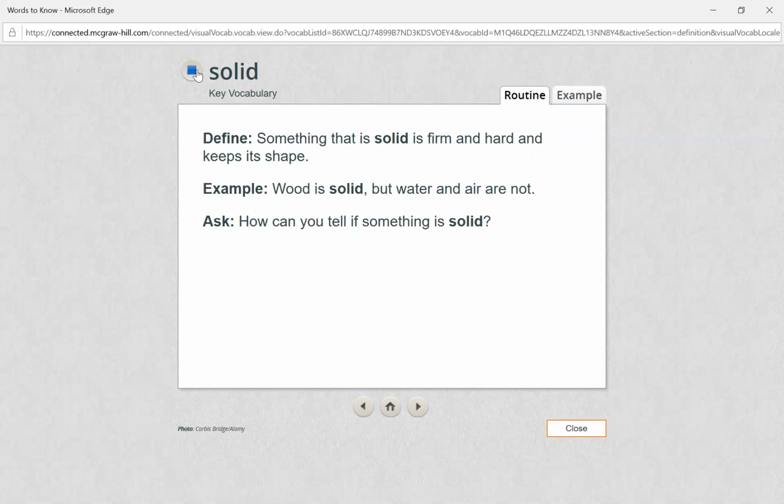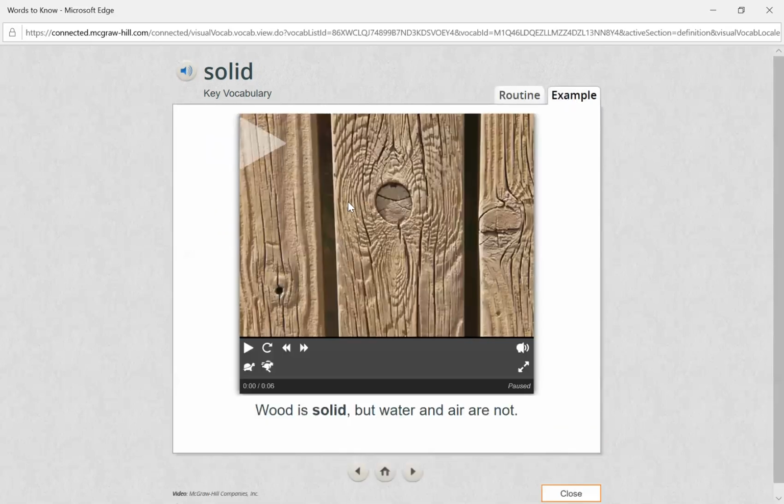How can you tell if something is solid? I wonder how you could tell something is solid. What type of properties? Remember we had that word a couple minutes ago? What kind of properties do you see in a solid object? Let's look at our example. Solid.